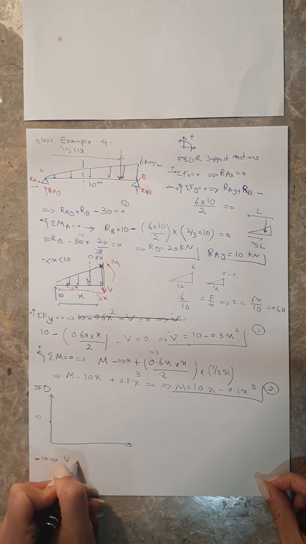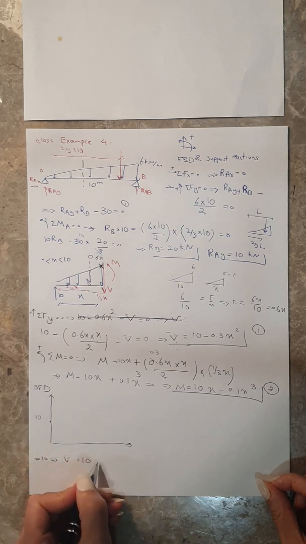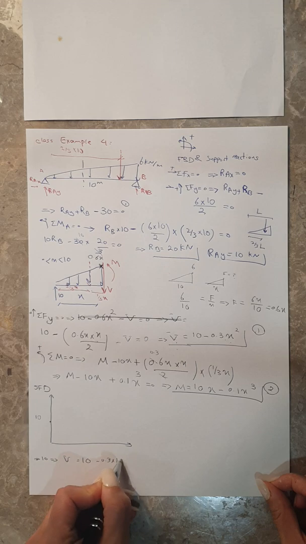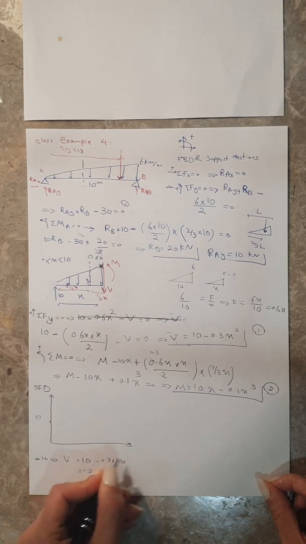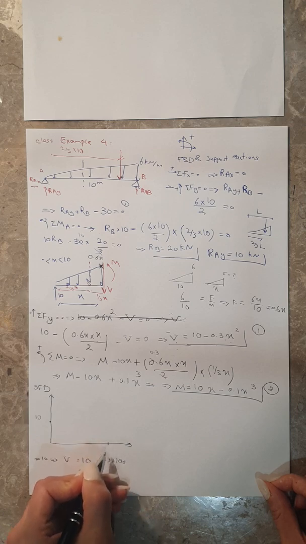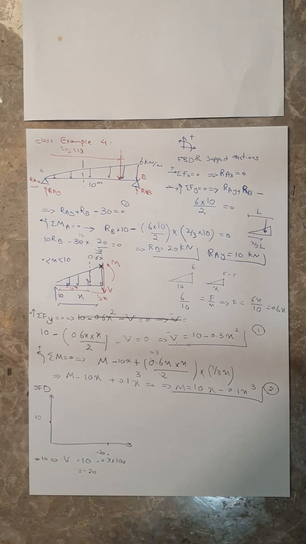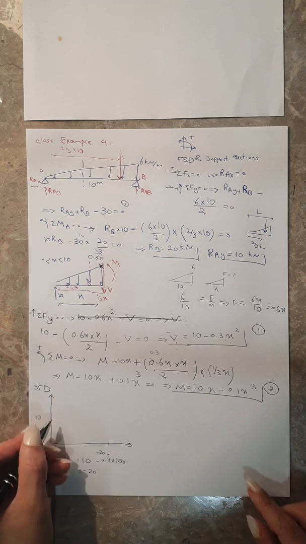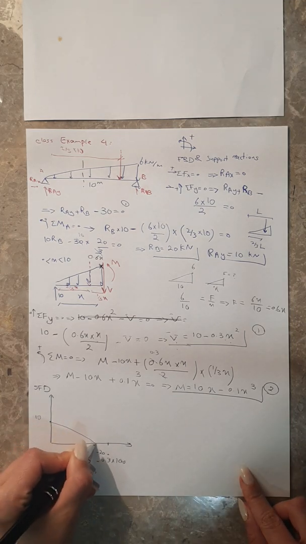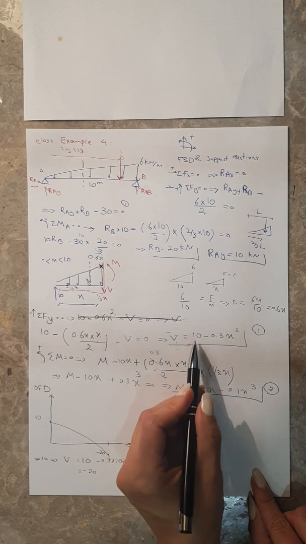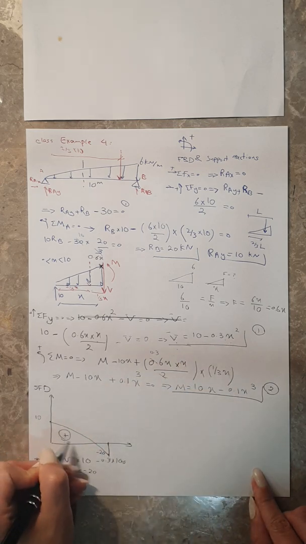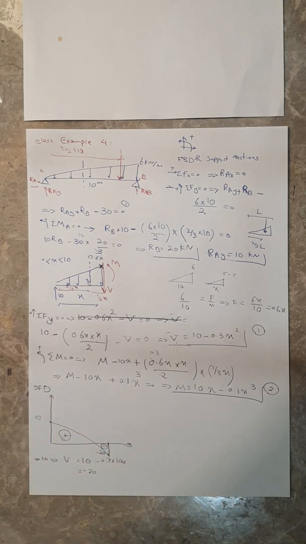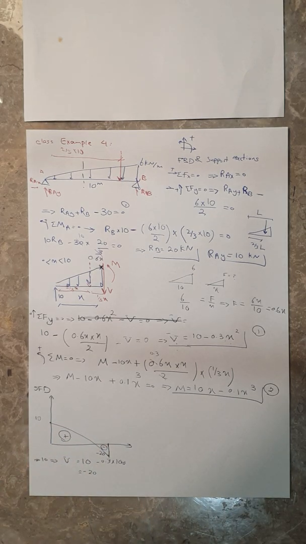Therefore the shear force would be equal to 10 minus 0.3 times 100, so minus 30 would be minus 20. So it would be equal to minus 20 here. And because it's power 2, it would be like this one. So it would be positive here and negative here. This is the shear force.